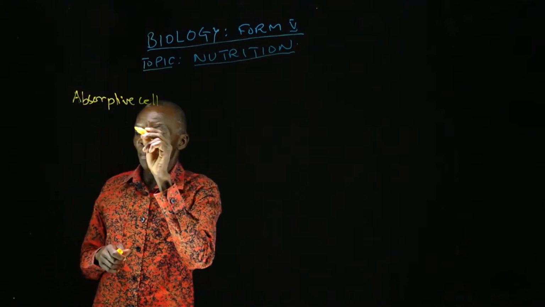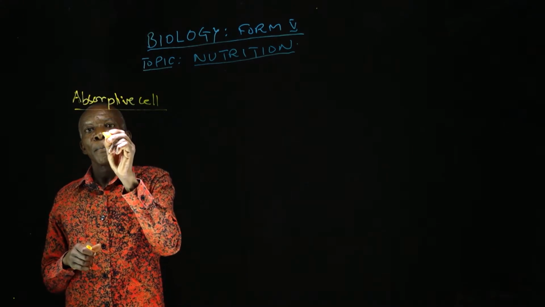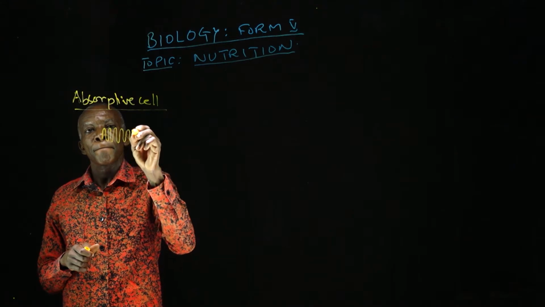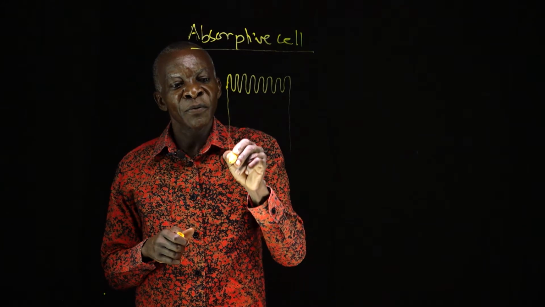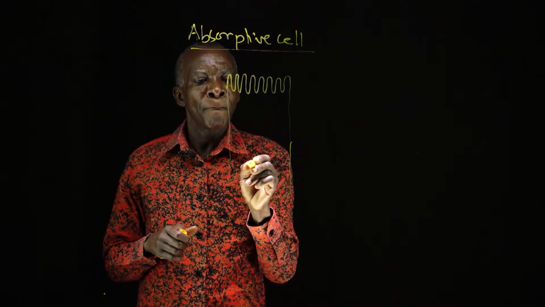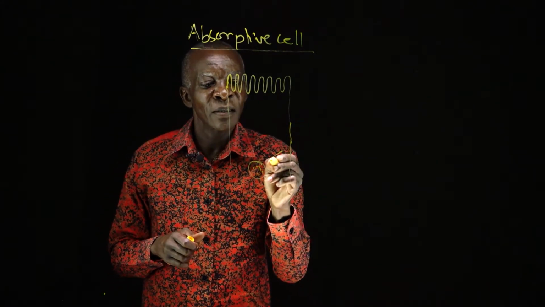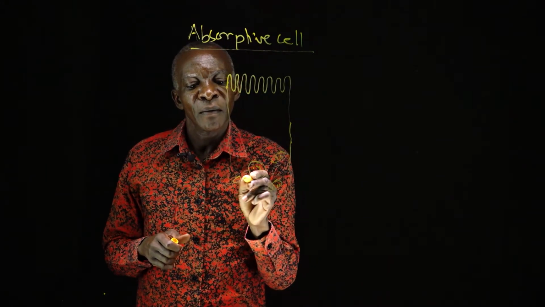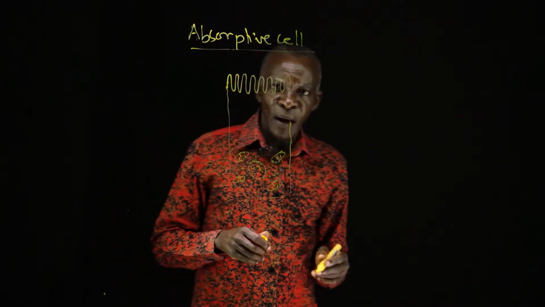Structure of an absorptive cell. A single absorptive cell. This is its nucleus, and the mitochondria.